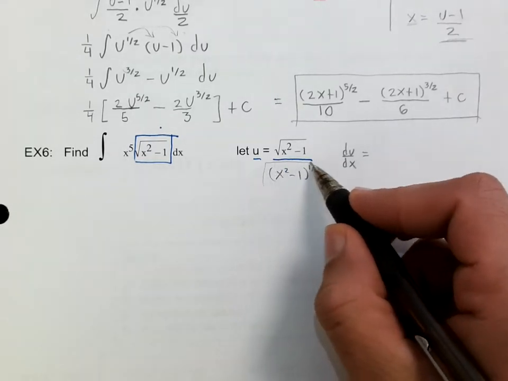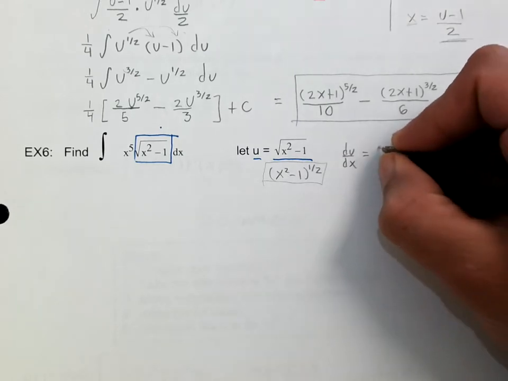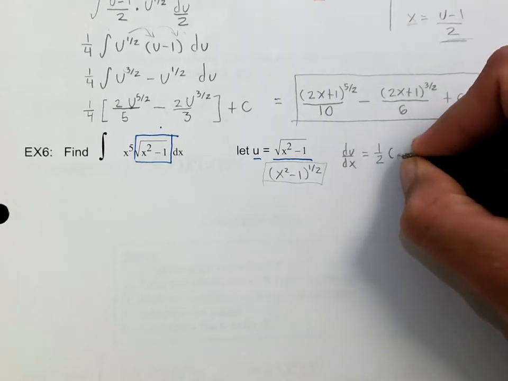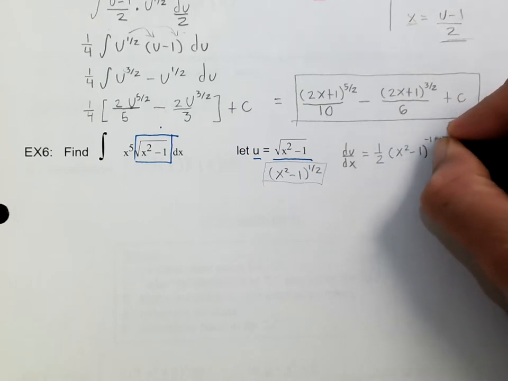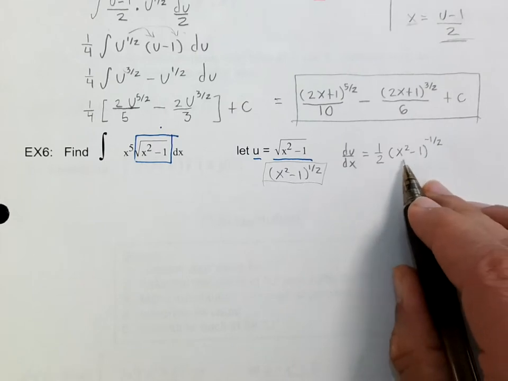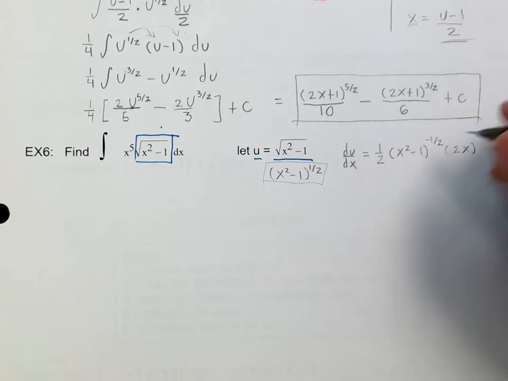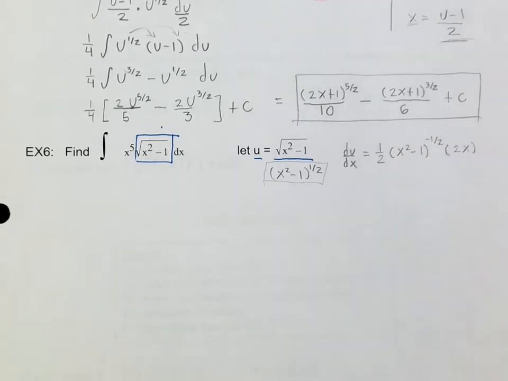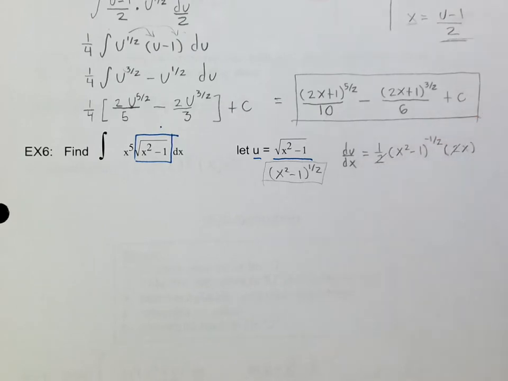We have 1/2 is the derivative of the outside, which is this, times the derivative of the inside, which is 2x. After that, I can cancel this 2 and this 2 together.